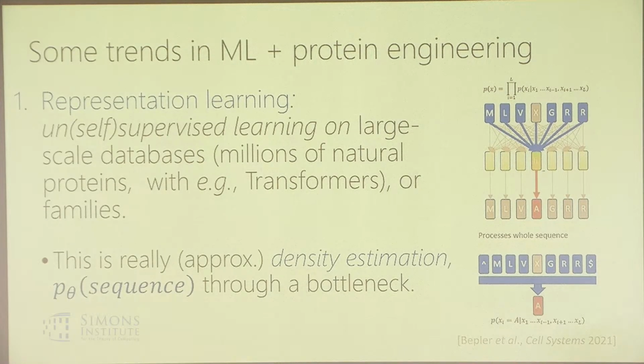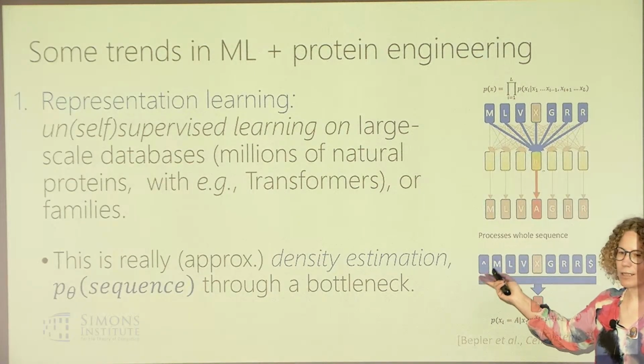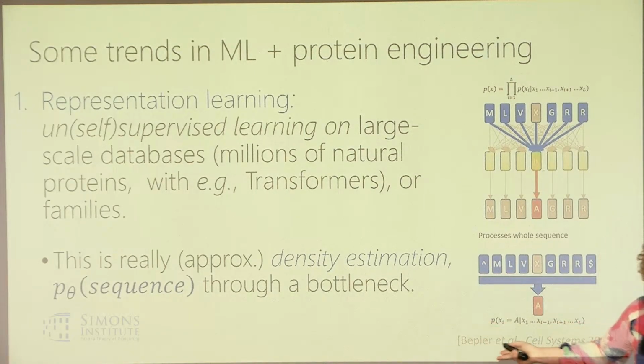The hope is that the representation captures epistasis that I could not have found just from my limited supervised data. And no matter whether it's a transformer or a masked language model, at the end of the day, you're at the very least approximating a density and doing density estimation.